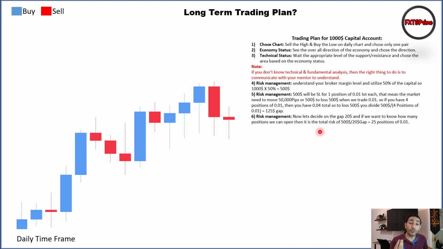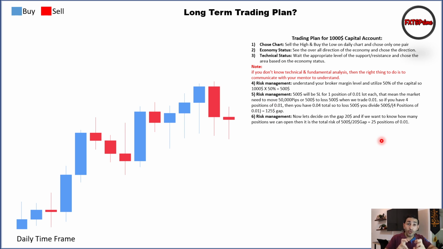So I am going to divide 500 by $20, and that will give me 25 positions of 0.01. So after the first entry, whether the market is at the high or at the low, I will be able to open 25 positions using that $500.